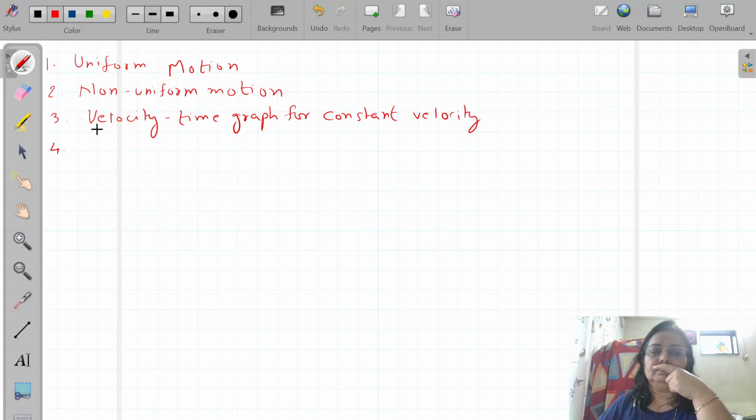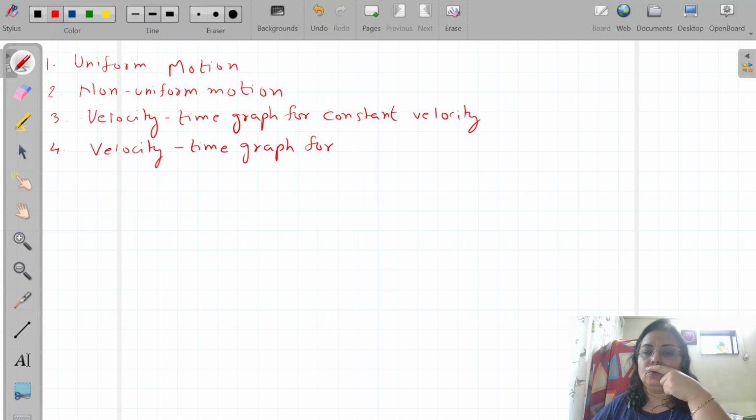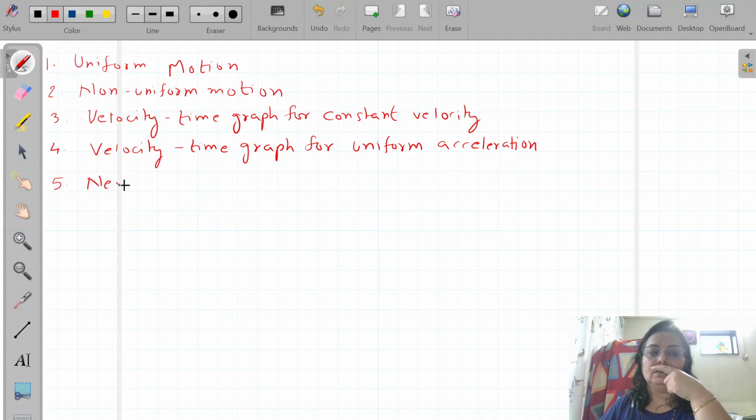Then we are going to cover the velocity time graph for uniform acceleration. And finally, we are going to cover Newton's equations of motion.